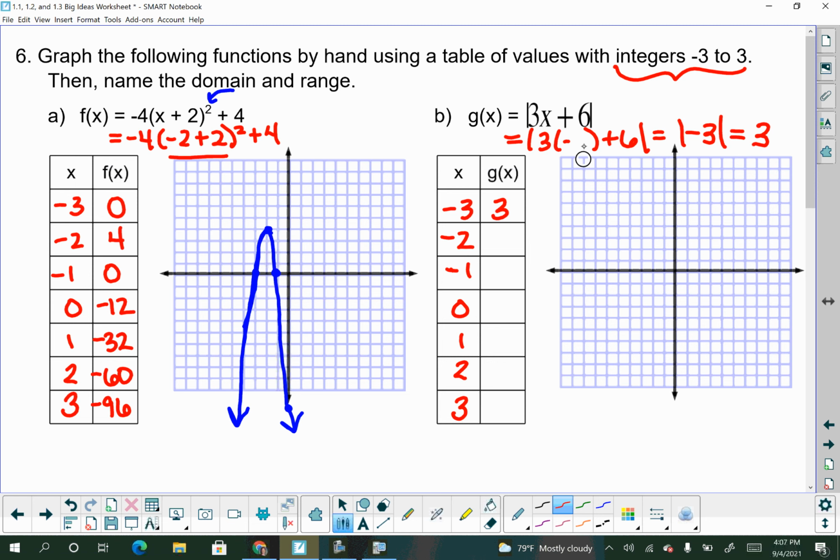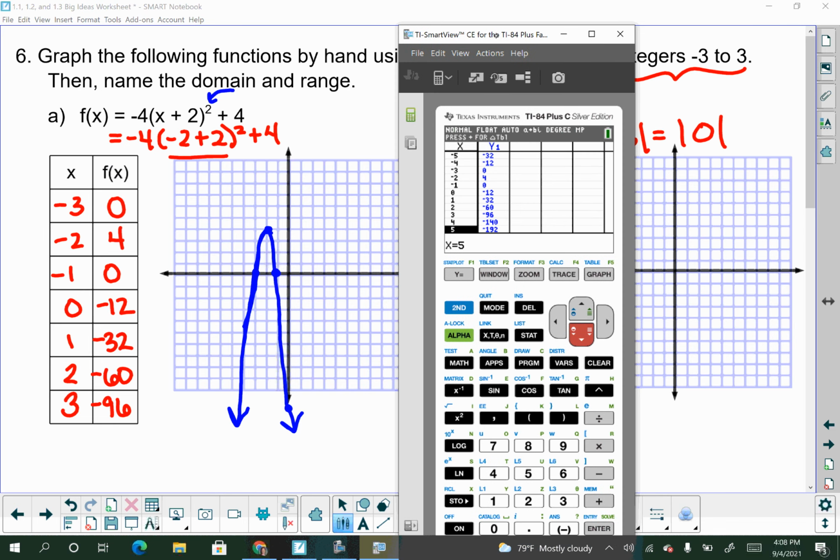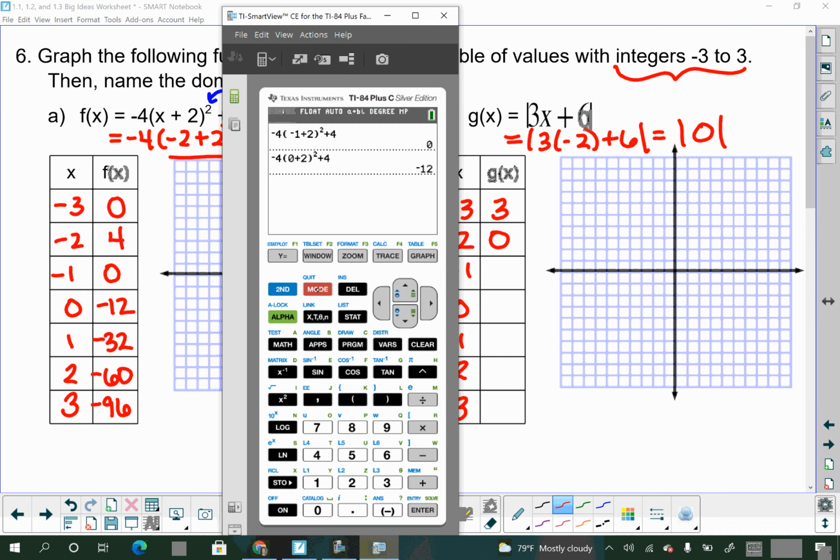Let's say I plugged in -2. 3 times -2 is -6. Plus 6 would give me 0 inside my absolute value bars, and the absolute value of 0 is 0. You can also type it in your calculator. Let's go back to that home screen. Second, quit. To get absolute value in your calculator, you hit math, and then if you arrow to the right, it says NUM, that's our number menu, and the first thing there is ABS, absolute value.